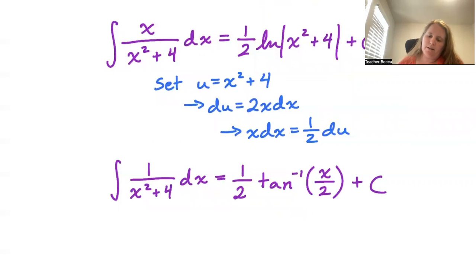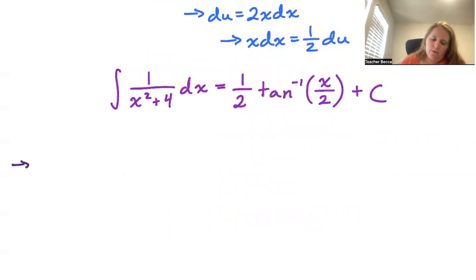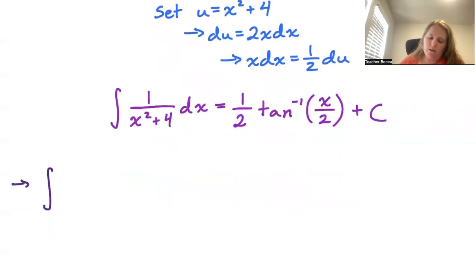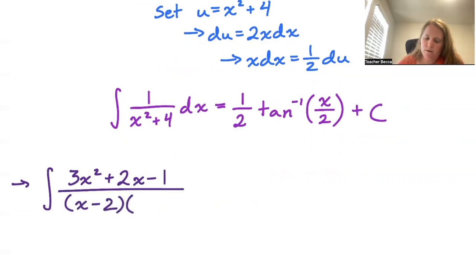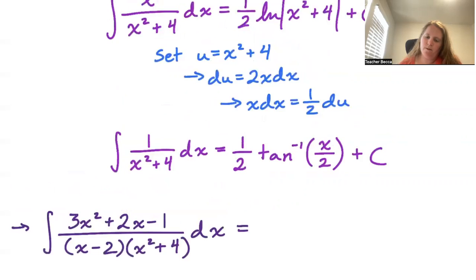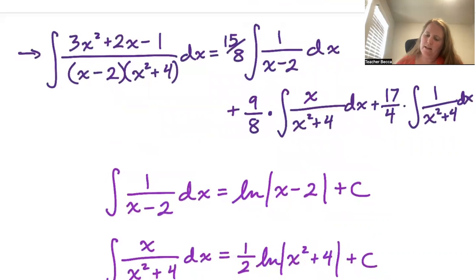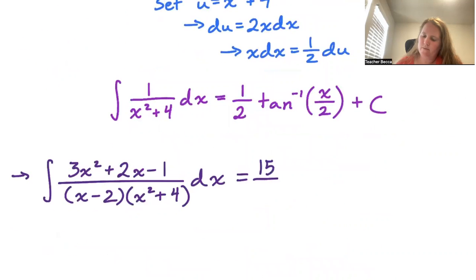So putting this all back together, we get that our integral of 3x squared plus 2x minus 1 over x minus 2 times x squared plus 4 dx is equal to, sorry, we have that coefficient was 15/8 times the natural log of the absolute value of x minus 2.